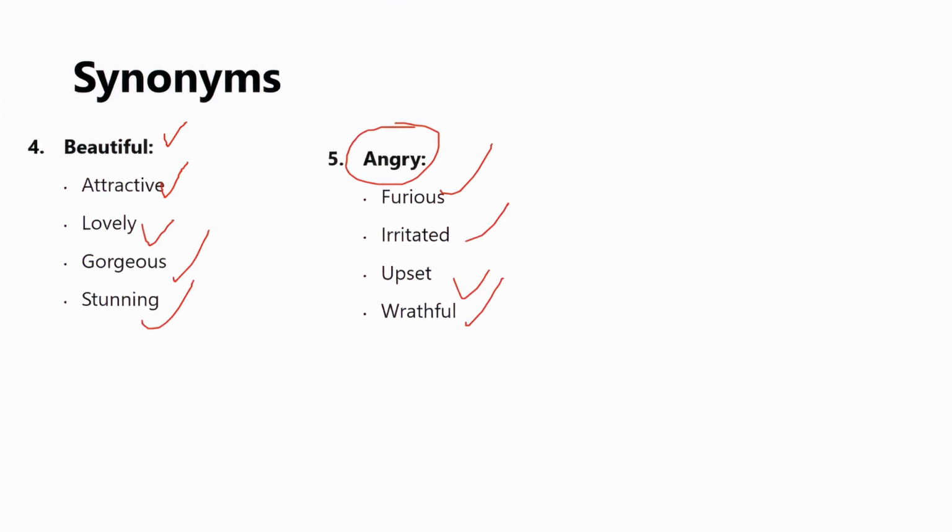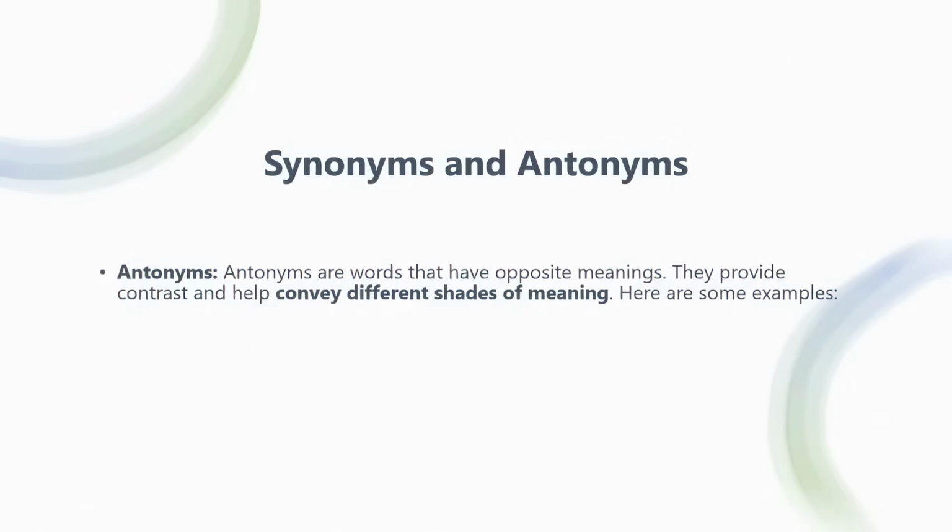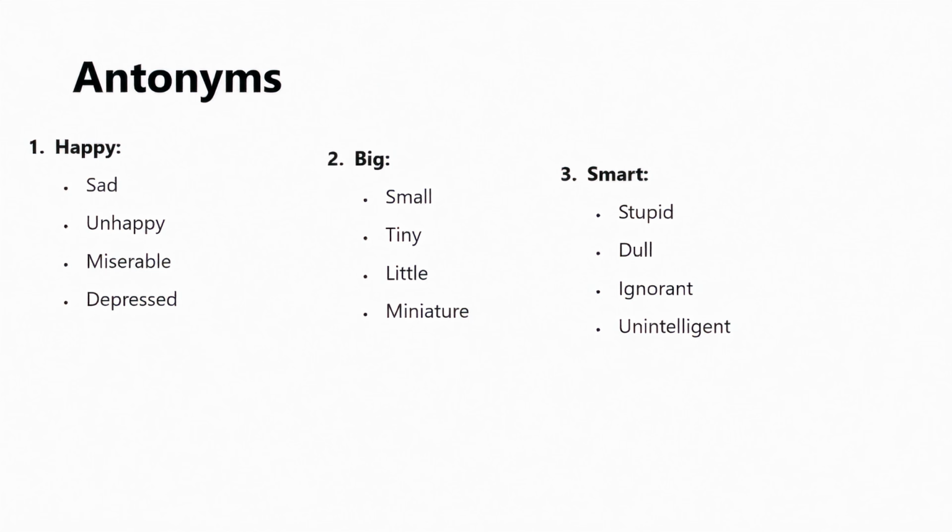So these are synonyms. If we talk about antonyms, antonyms are the words that have opposite meanings. They provide contrast and help convey different shades of meanings. You don't exactly say the opposite, but they present different shades of meanings. Let's have examples.